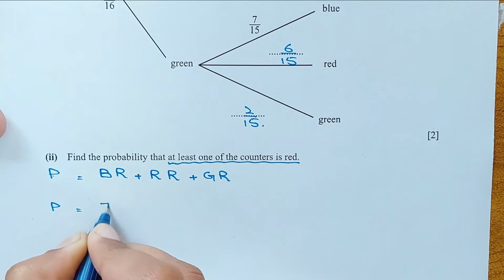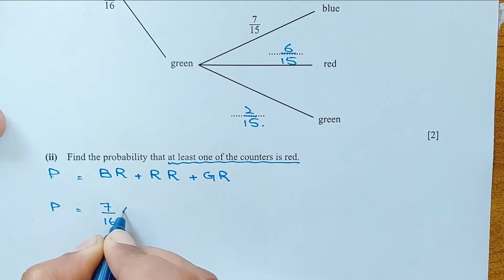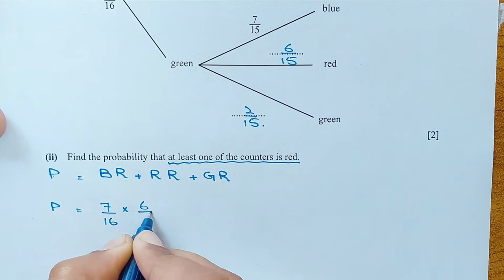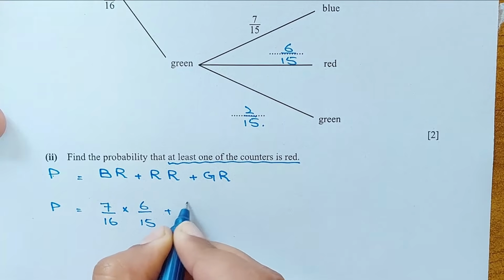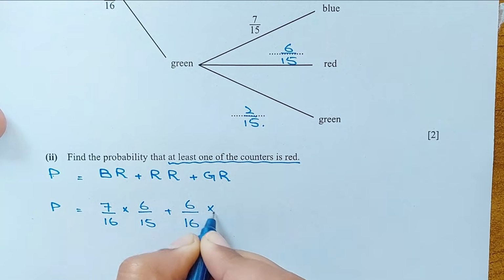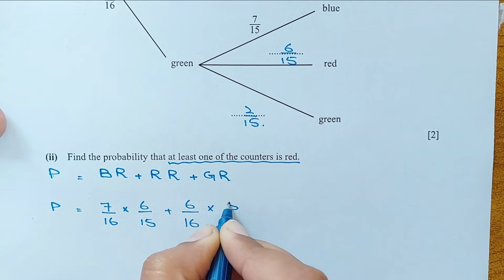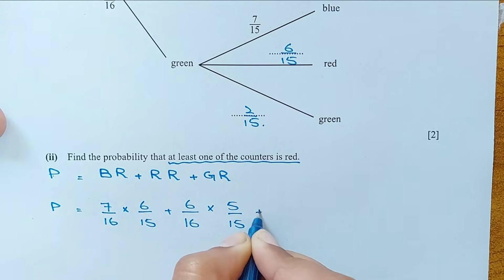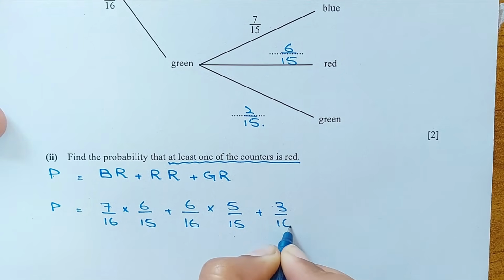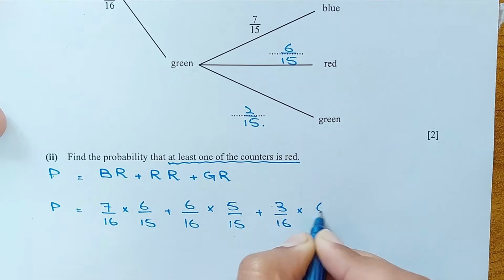So blue is 7 over 16 times the red is 6 over 15, plus red is 6 over 16 times red is 5 over 15, plus green is 3 over 16 times red is 6 over 15, right?